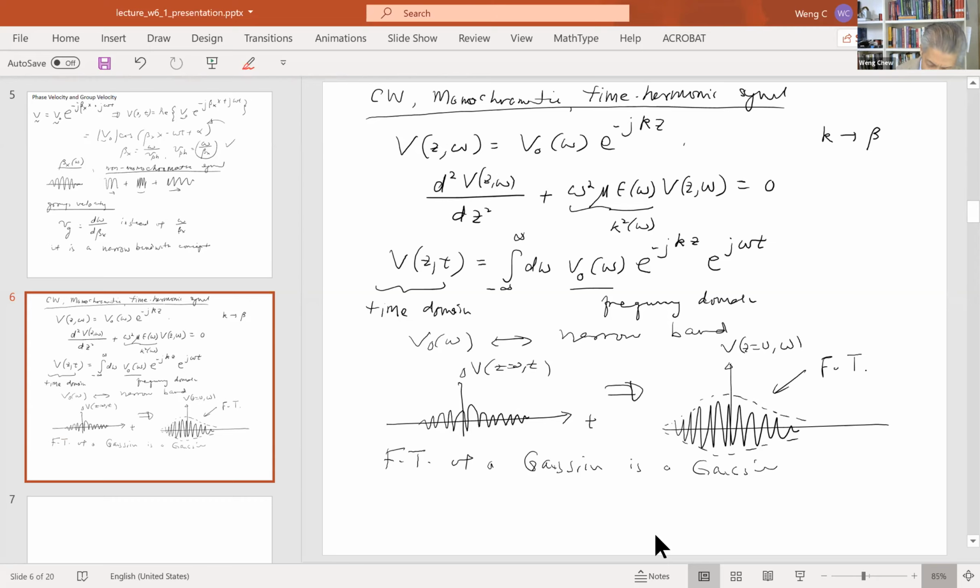So what I'm trying to say is that if this is narrow band, this is something that is centered about DC. In general, the bandwidth does not have to be centered about DC, okay? It can be centered about certain center frequency, and the bandwidth of the signal can look something like this, okay?